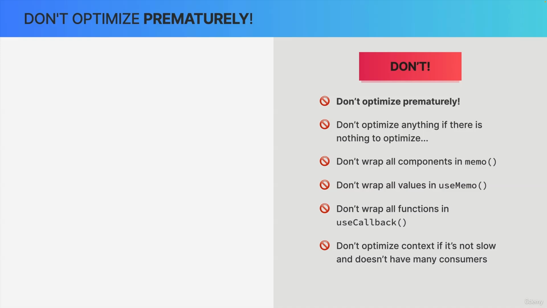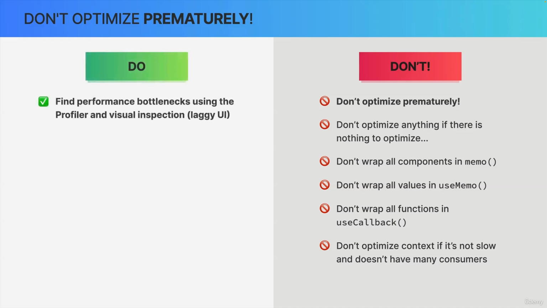Instead, what you should do is to find actual performance bottlenecks using the profiler tool that we learned about in this section, or even better, identify problems visually. For example, when you see a laggy and sluggish UI, because then you can focus on those real performance issues and fix them.